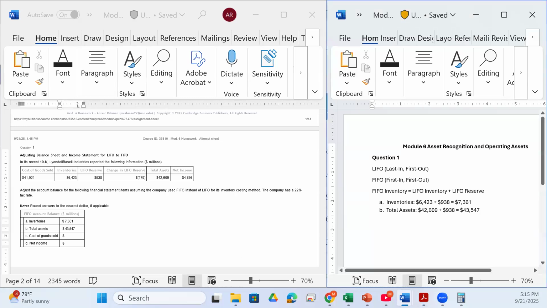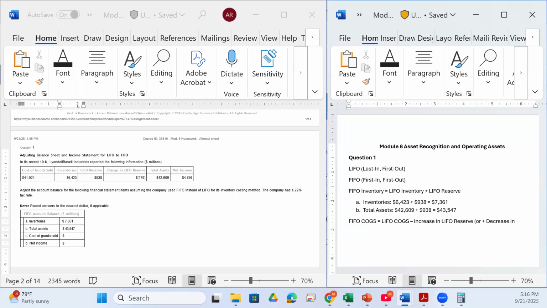So to find out cost of goods sold under FIFO, you have to take LIFO cost of goods sold, and subtract the increase in LIFO reserve if it is an increase.